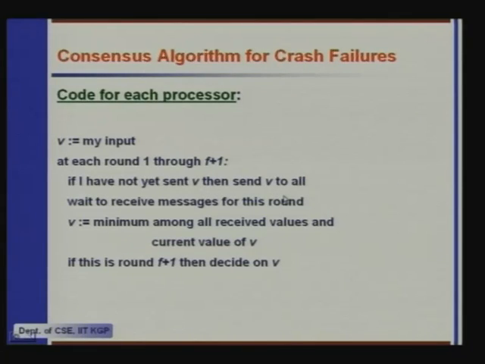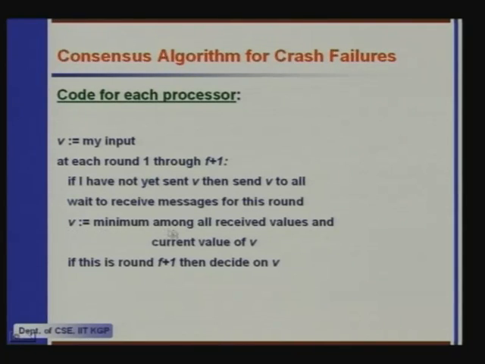It just sends V to all. Now, remember that this sending V to all is through individual messages to each of the other processes. So, it sends messages individually to all of them, and then you wait to receive the messages for this round.